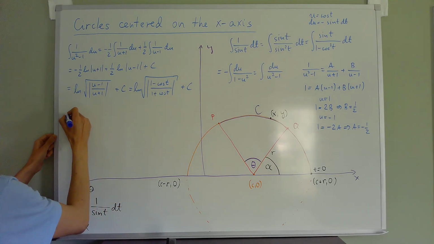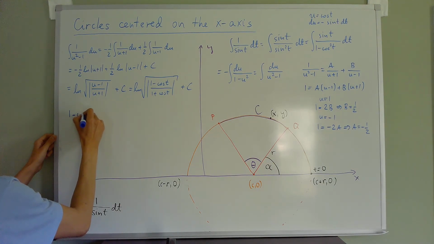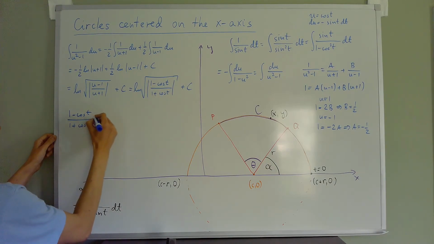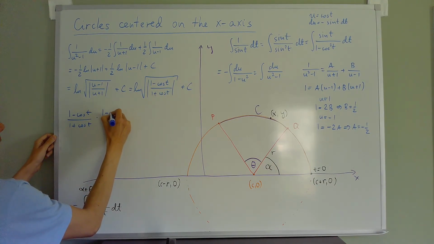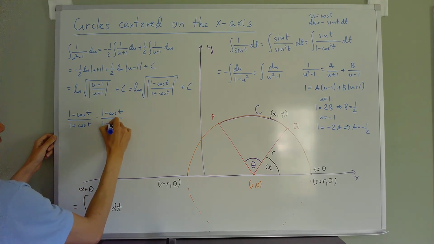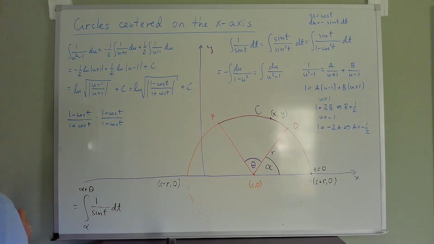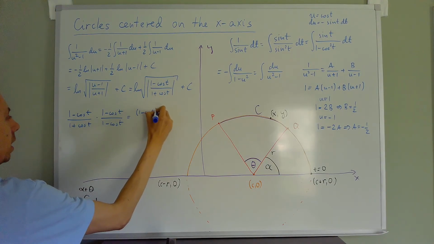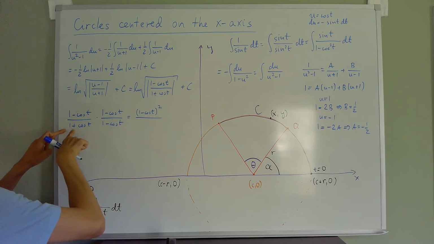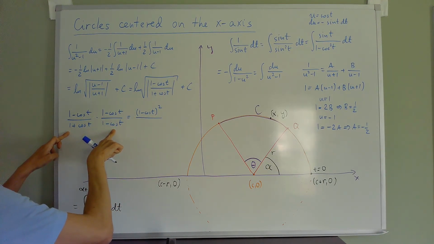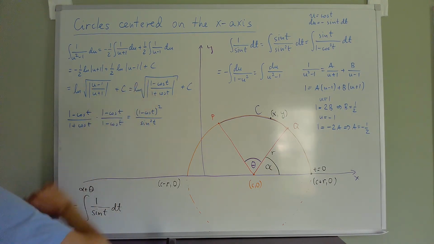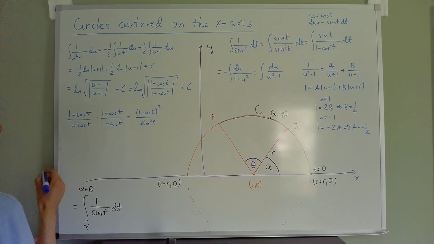If you multiply this fraction, which now has both top and bottom positive, by 1 minus cosine t over 1 minus cosine t, then you get 1 minus cosine t squared in the numerator, and this becomes 1 minus cosine squared, which is the same as sine squared. Okay, and that allows you to remove this radical.